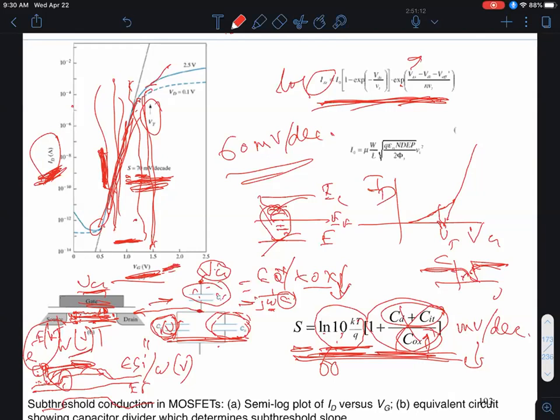Anyone? Tunneling? Very good. Tunneling leakage current, okay? And that's why people went to high K dielectrics. So you don't make the oxide much thinner, but instead you increase the dielectric constant of the dielectric. And hafnium oxide is the current champion.